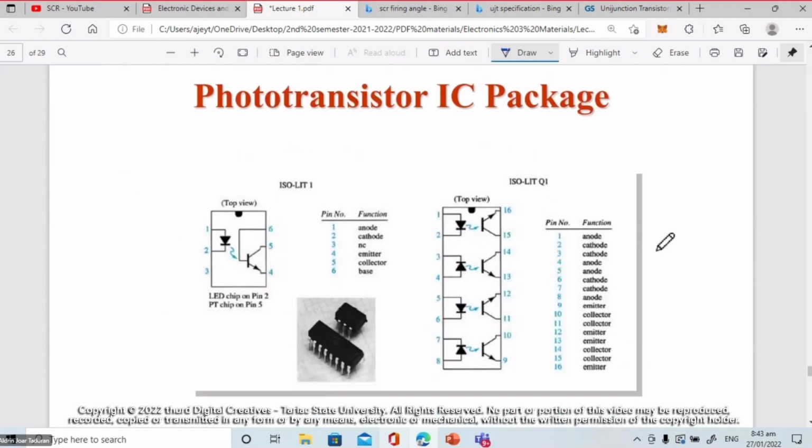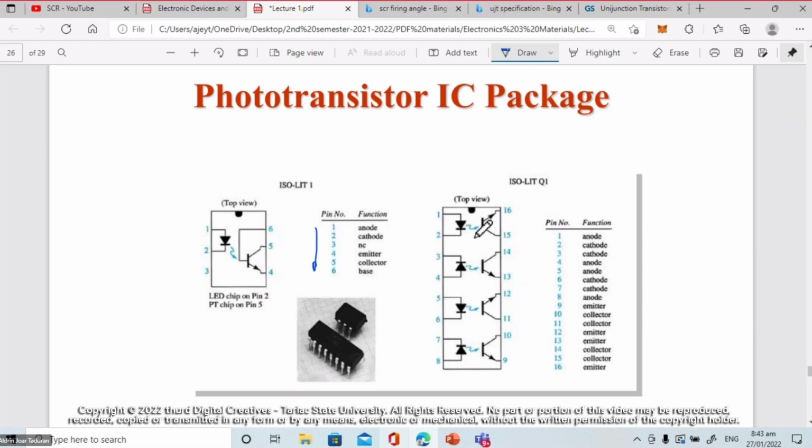Okay. So, phototransistor package, usually gumagamit din ng isolate 1, which is DIP. So ito yung numbering niya. Tapos ito 6 pins lang to. Ito 16 pins.